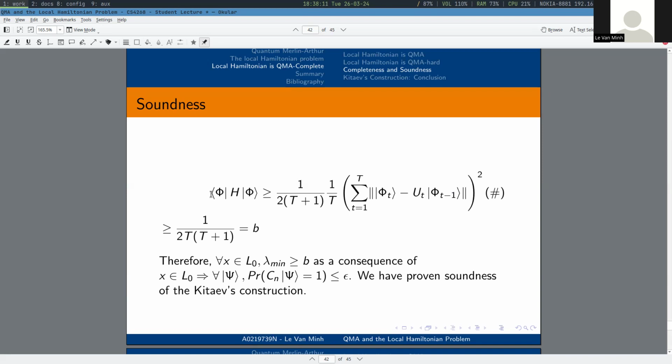Therefore, for all the x that belong to L0, the minimal eigenvalue has to be larger than b as a consequence of having no witness state for Cn to accept psi with a high probability. With this result, we have proven the soundness of the Kitaev construction.